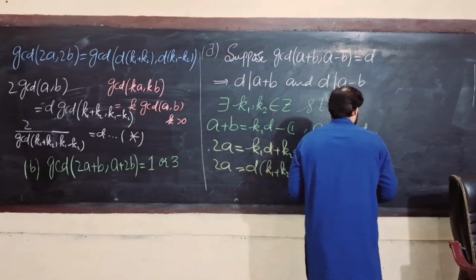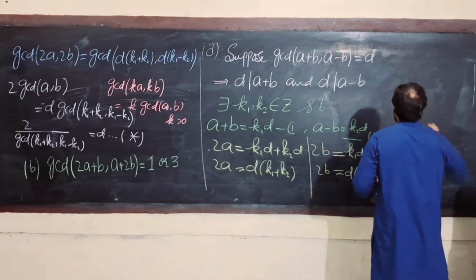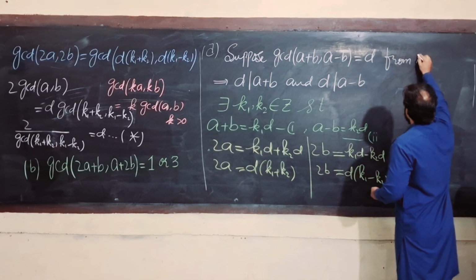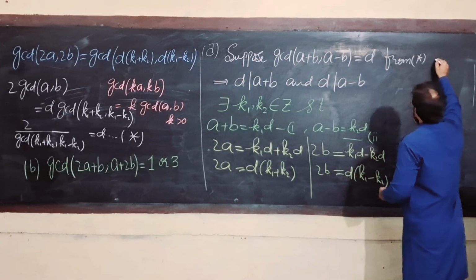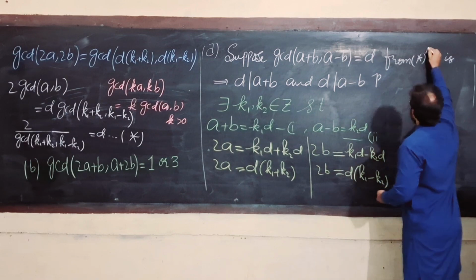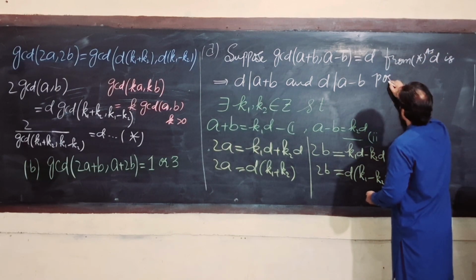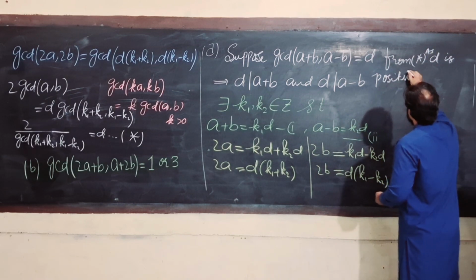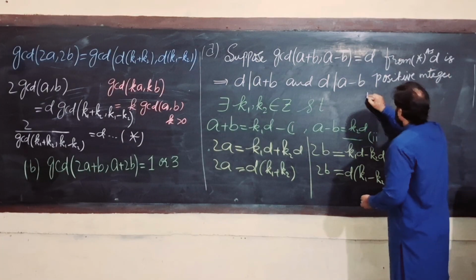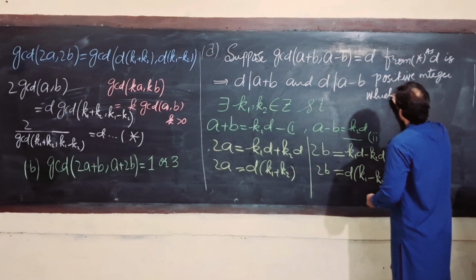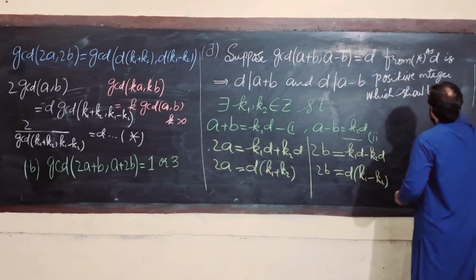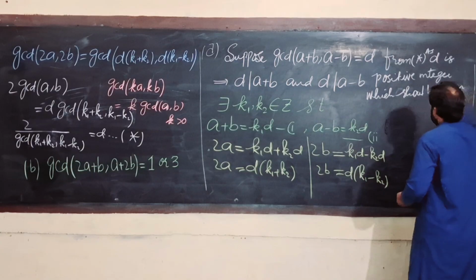So from star, D is a positive integer, which should be 1 or 2.